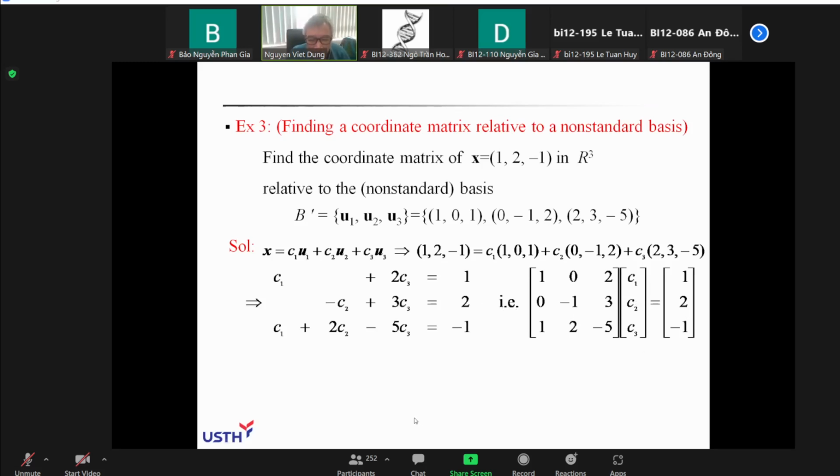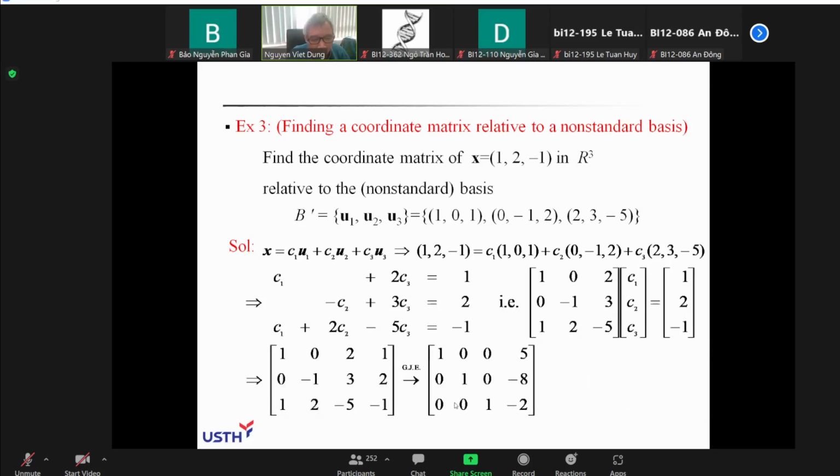You can solve it by using Gauss-Jordan elimination. And what you get? You get 5, minus 8, minus 2. That is the solution. Then the coordinates of X relative to the new basis B prime will be 5, minus 8, minus 2. So that is a way to find the coordinates.